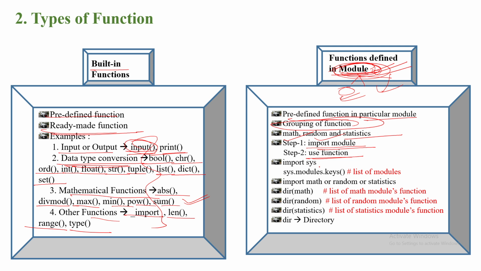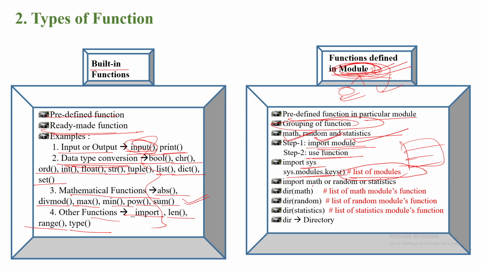Write import sys, for system, then sys.modules.keys. Whenever you write it, you will get the list of all modules there. So you can check that the math module, random module, and statistics module are also available.